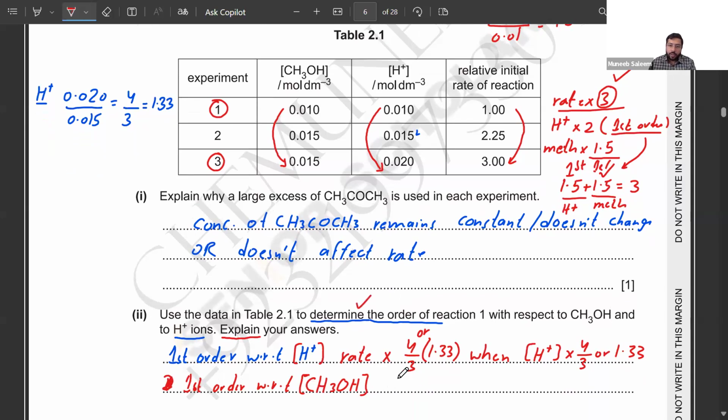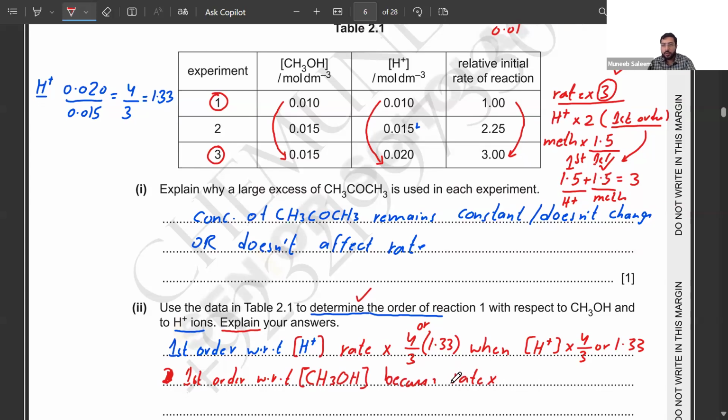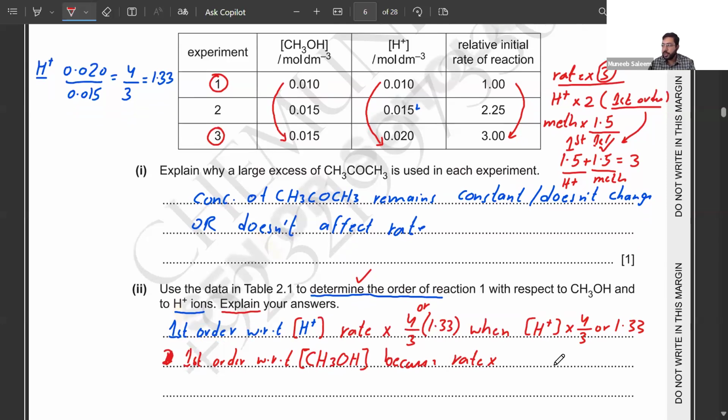And then the reason: because the rate was increased by a factor of 3, when you can say that 1.5 times 2 also gave the answer 3.